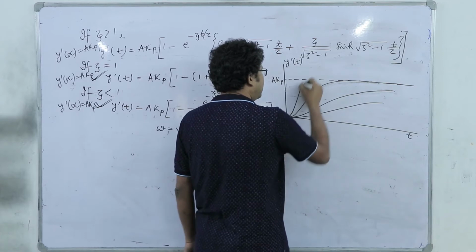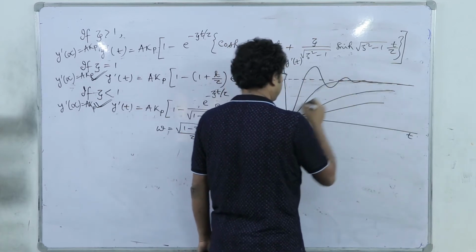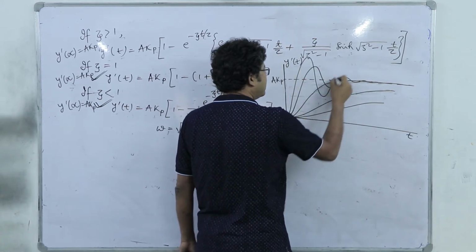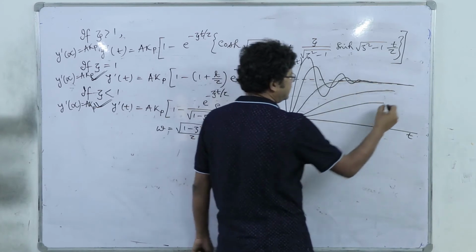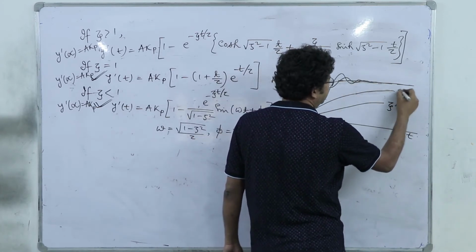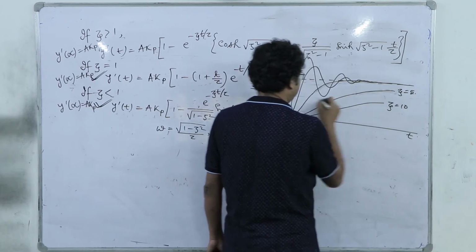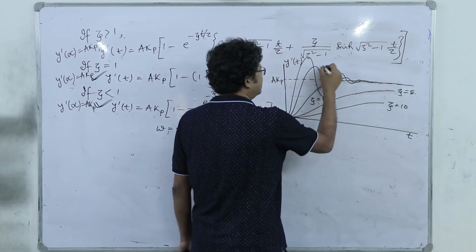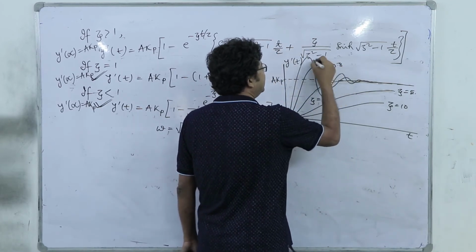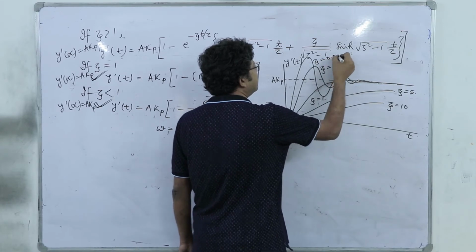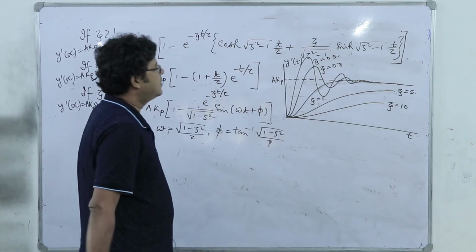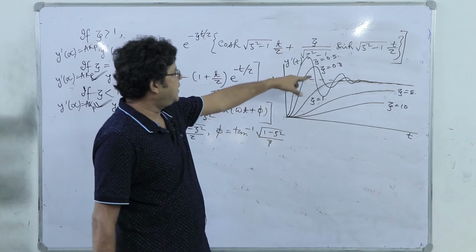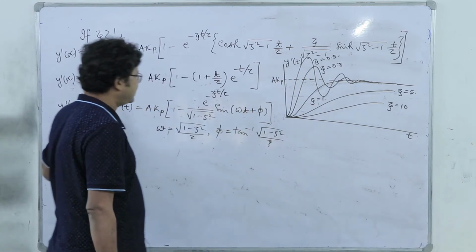And we have the underdamped response, where the zeta value further decreases. So, here zeta may be 10, zeta 5, then zeta equal to 1, 0.8, zeta 0.5, right. So, the oscillatory response corroborates with this expression.